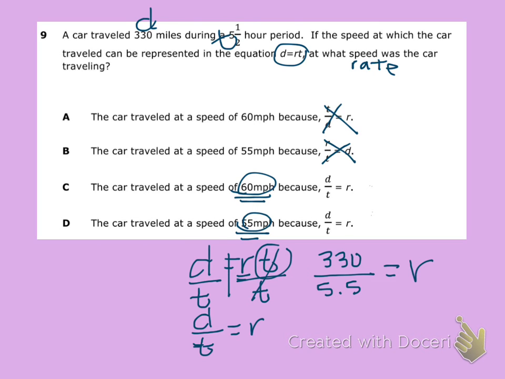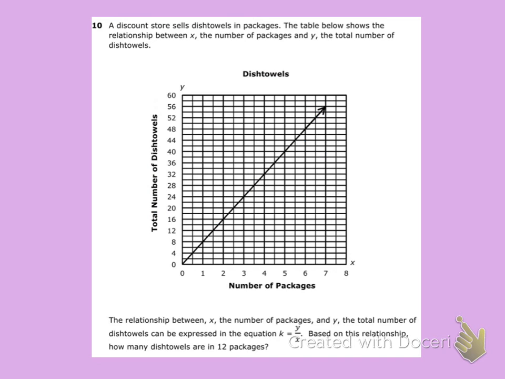Okay, and last one. A discount store sells dish towels in packages, and the table below shows the relationship between X, the number of packages, and Y, the total number of dish towels. The relationship can be expressed in the equation K equals Y over X. Based on this relationship, how many dish towels are in 12 packages?